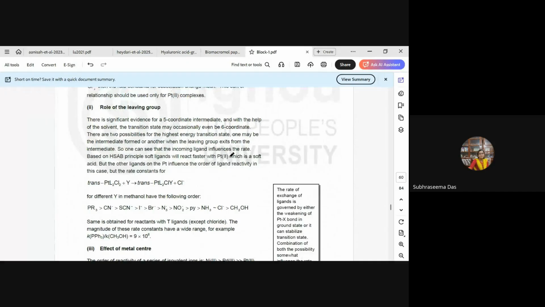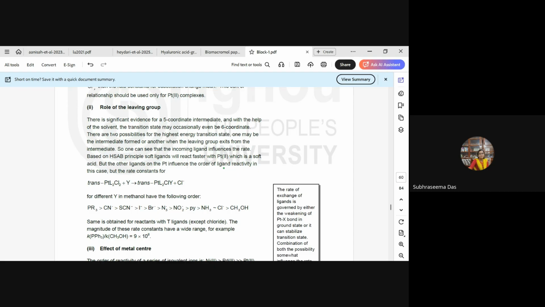Then coming to the role of the leaving group. There is significant evidence for a five coordinate intermediate, and with the help of the solvent, the transition state may be six coordinate also. So there are two possibilities for the highest energy transition state: one may be the intermediate form, or the other, when the leaving group goes away from the intermediate.